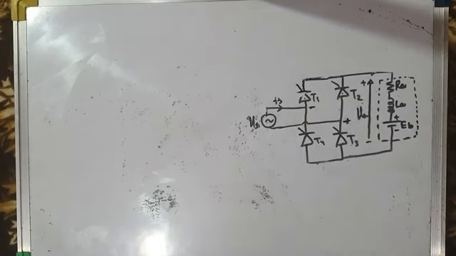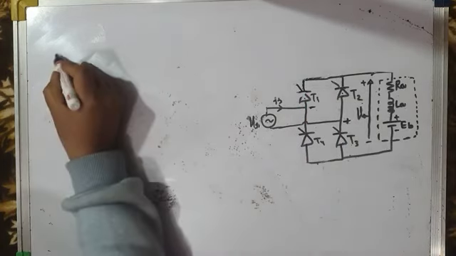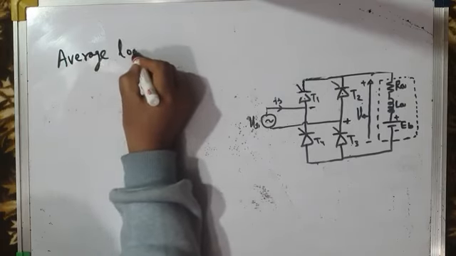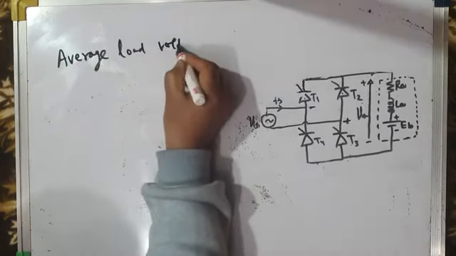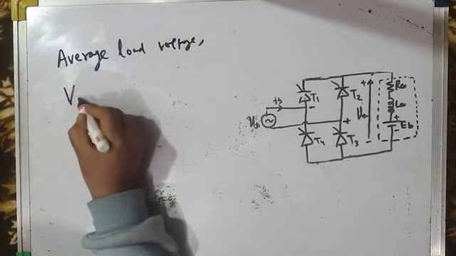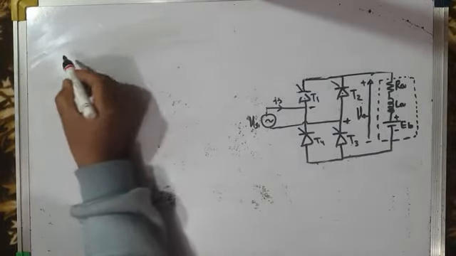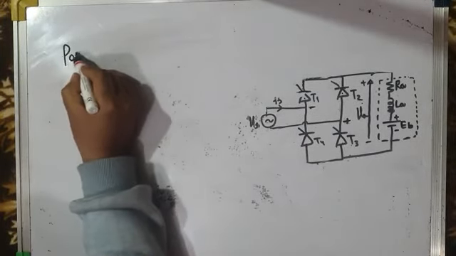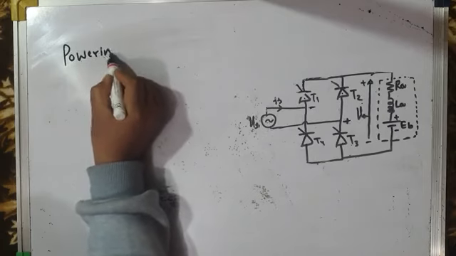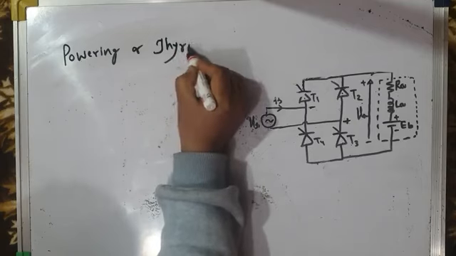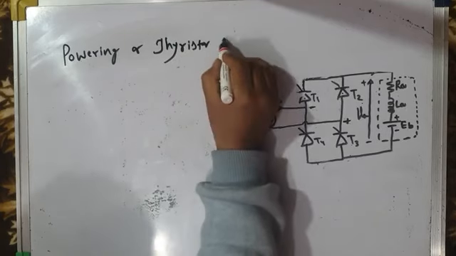What about average load voltage mathematical expression? I will write here average load voltage. Average load voltage VA is given. See here now we have two intervals. First of all, we have powering interval, powering or thyristor conduction interval.